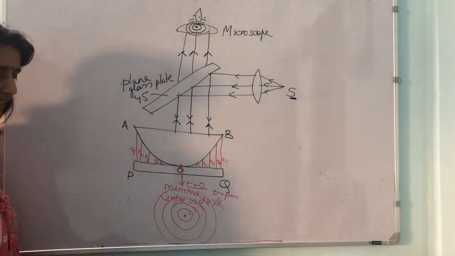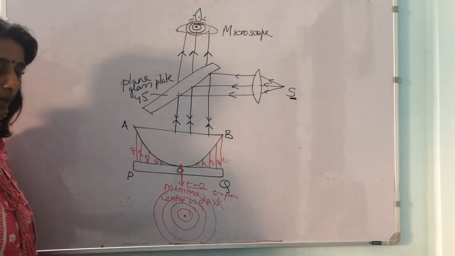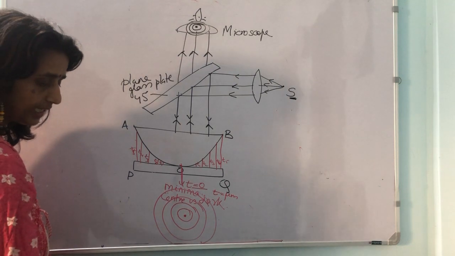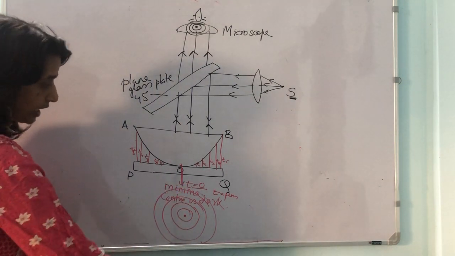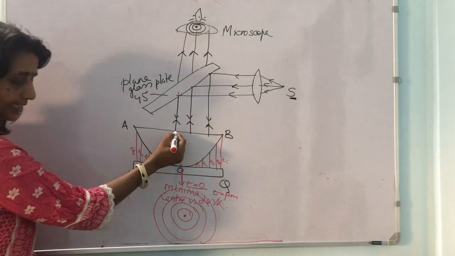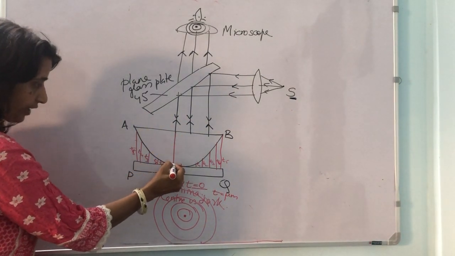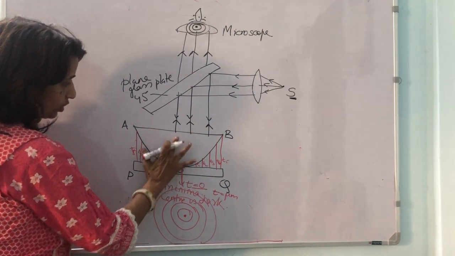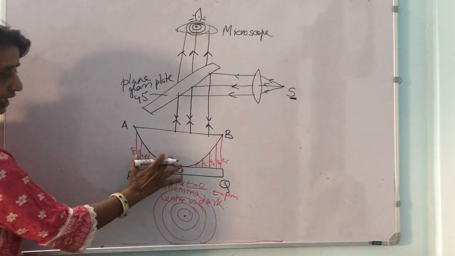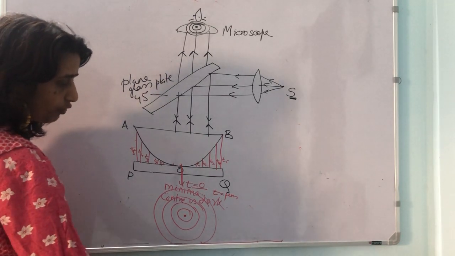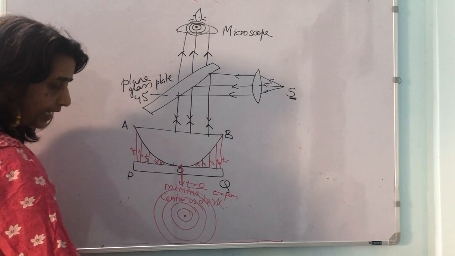Now let us derive an expression for the path difference. Let us begin. The incident ray which comes on this plano-convex lens will get divided. The ray gets incident on the upper and lower surface of the lens, and it gets divided to form a fringe pattern.